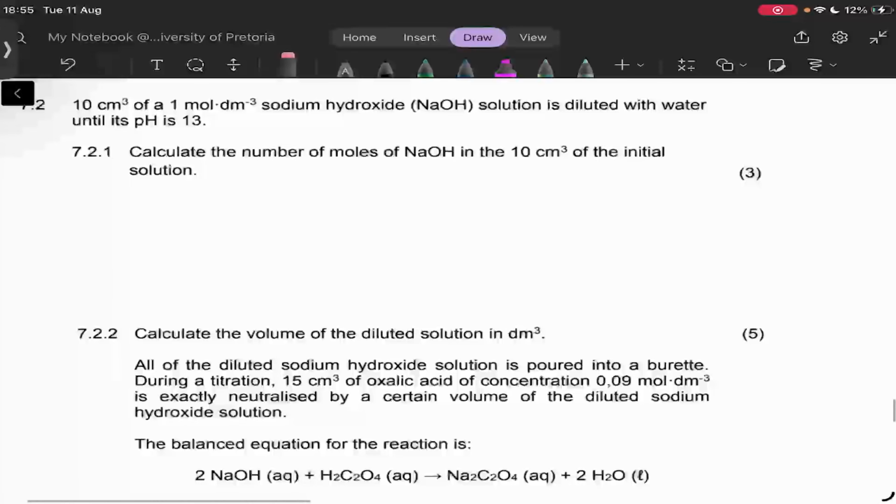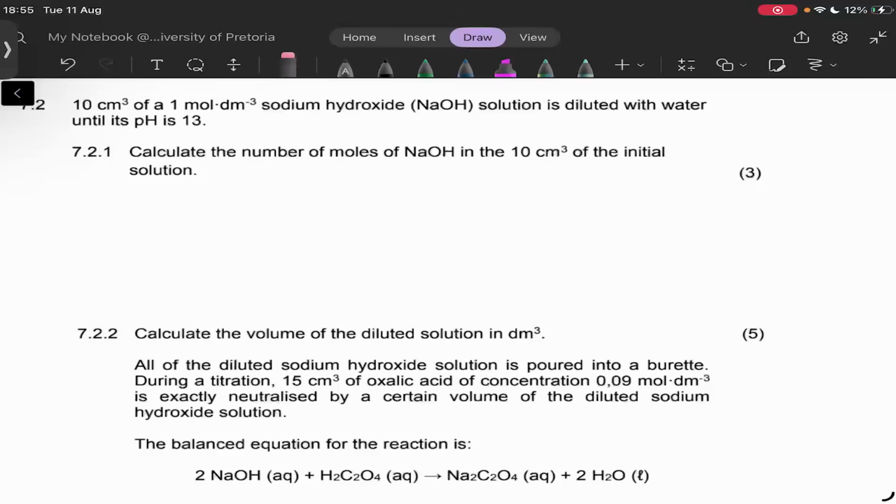All right, now let's move on to 7.2. We are told that 10 cubic centimeters of 1 mole per decimeter cubed sodium hydroxide solution is diluted with water until its pH is 13. Calculate the number of moles of sodium hydroxide in the 10 cubic centimeters of the initial solution.